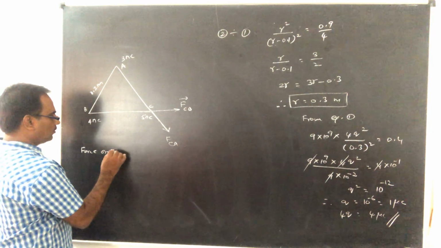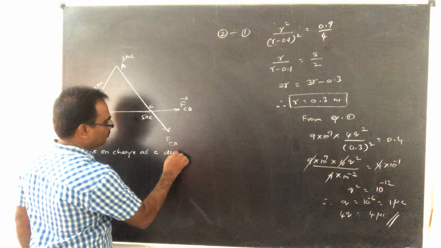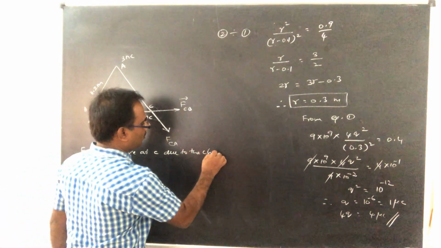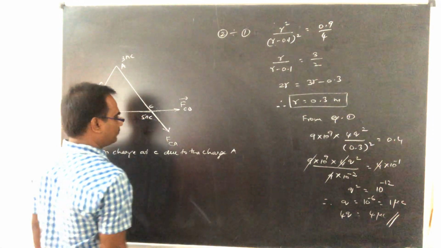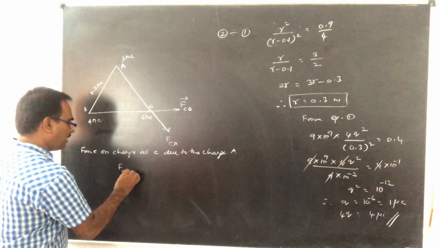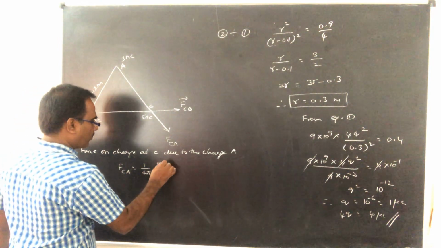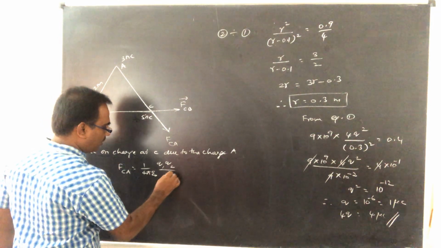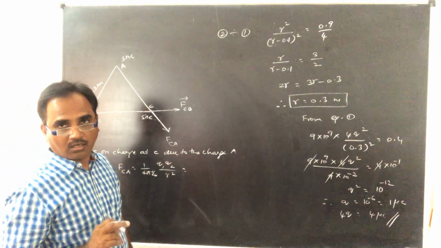So force on charge at C due to the charge at A, FCA. You write this formula once, because in the examination for mentioning the formula 1 mark will be there.